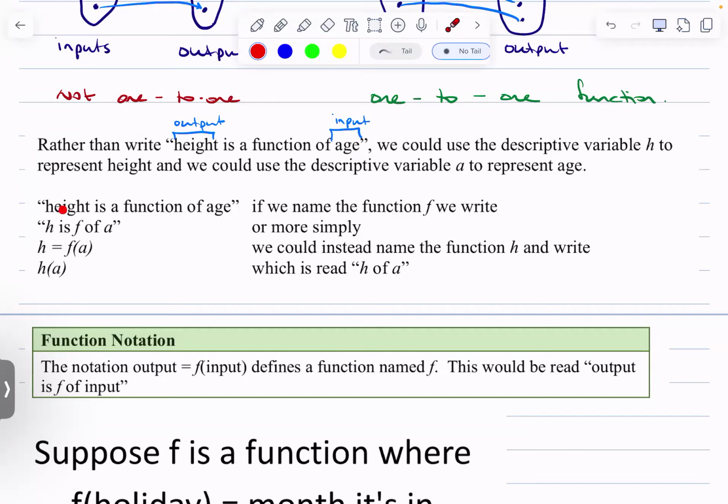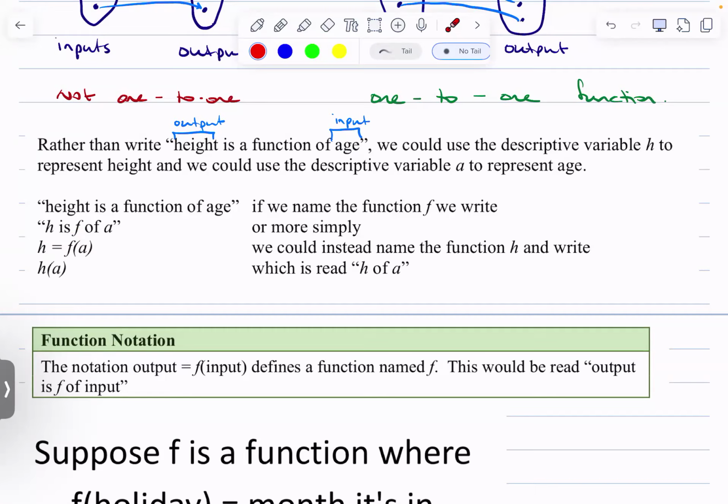For height, H is fine, and for age, A is fine. But what if we also introduce a shorthand for just function? How about F? And so H is F of A. Height is a function of age has now been condensed to H is F of A.